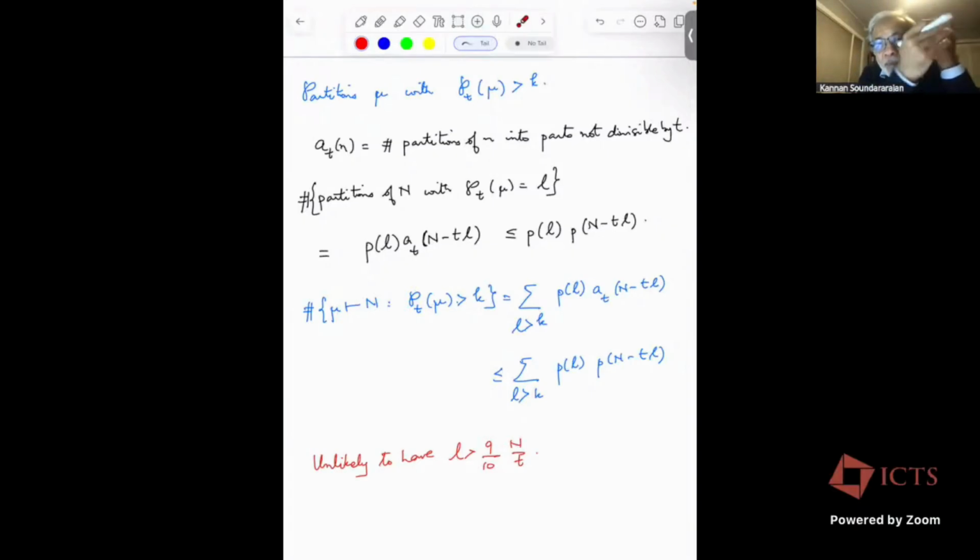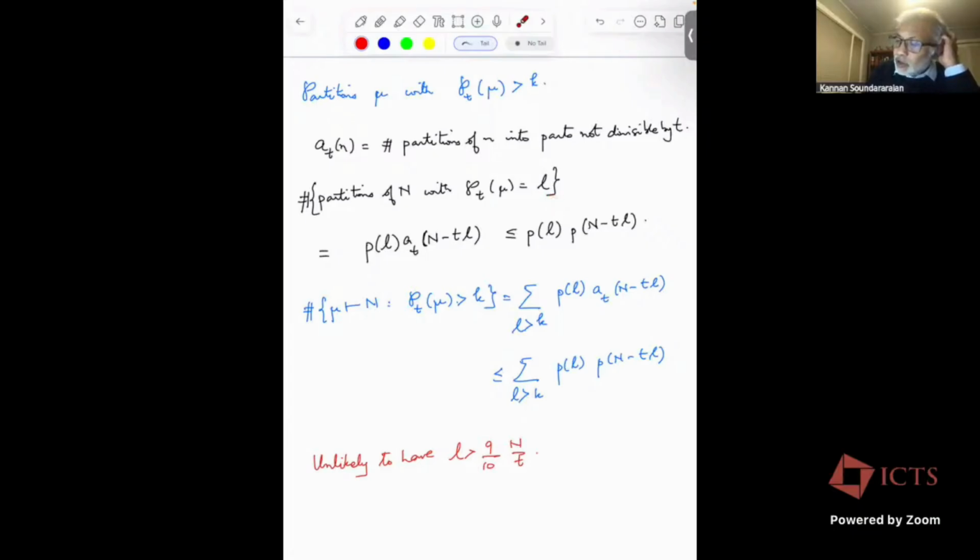Let's just isolate the parts that are multiples of t from the parts that are not multiples of t. So if I take a_t(n) to be the number of partitions of a number into parts that are not divisible by t, then consider the partitions where the parts that are multiples of t sum up to L times t.